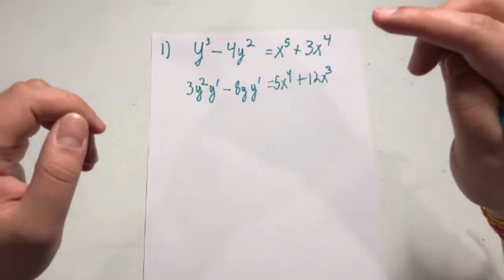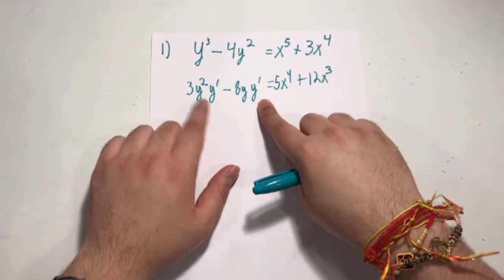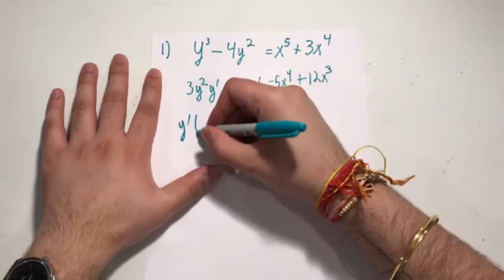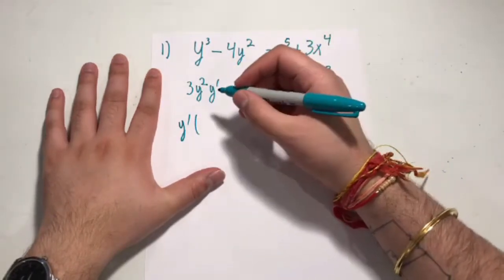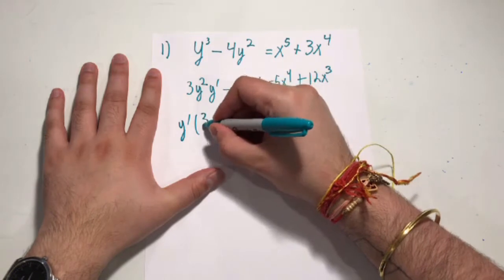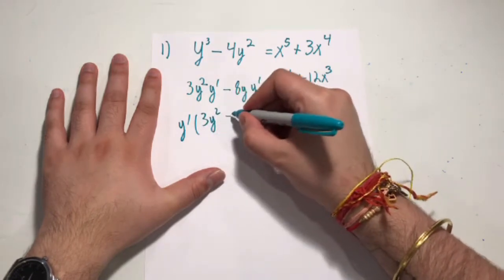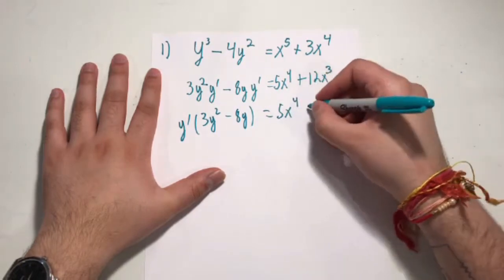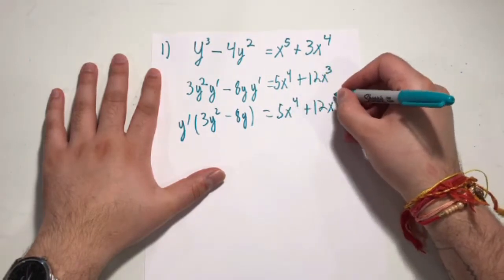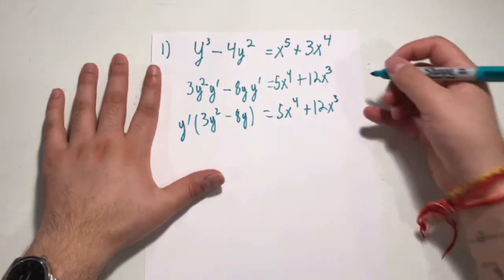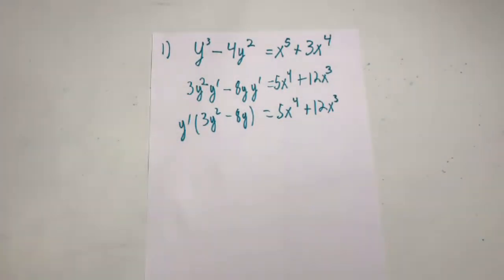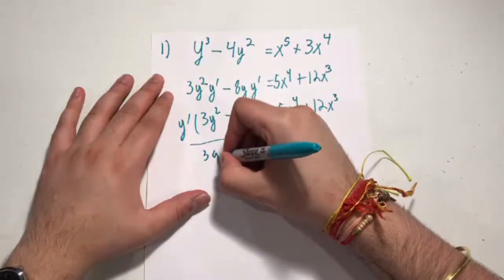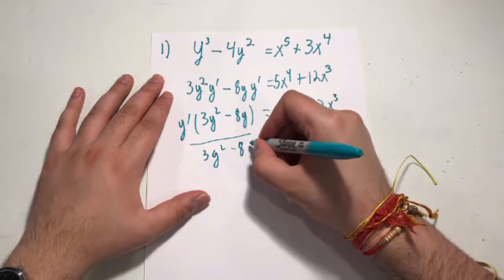So we need to get y prime alone. Let's factor this out, the GCF, right? Way back to 8th grade algebra, 7th grade pre-algebra, whatever it is you've done. y prime times (3y squared minus 8y) is equal to 5x to the fourth plus 12x to the third. Okay, let's divide by 3y to the second minus 8y.